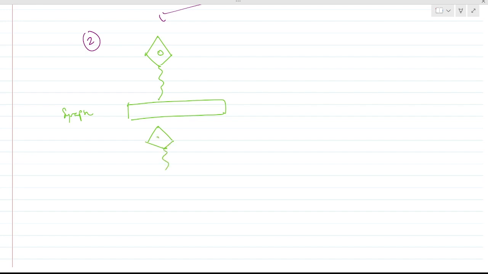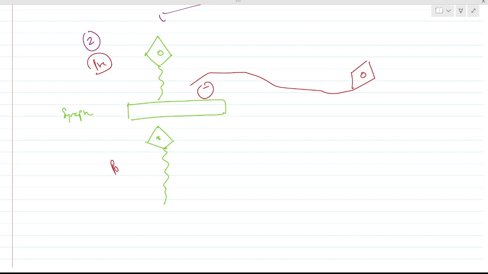In our second type, we'll draw a neuron. This is our axon, this is our synapse. This is our postsynaptic neuron. Now there is a lateral neuron here. Laterally a neuron is present, and this neuron inhibits the presynaptic neuron.